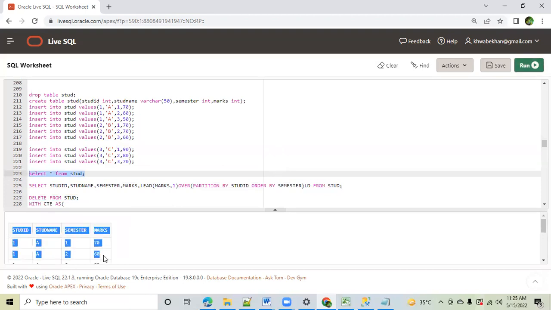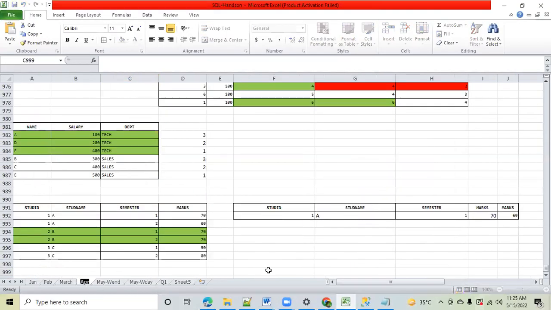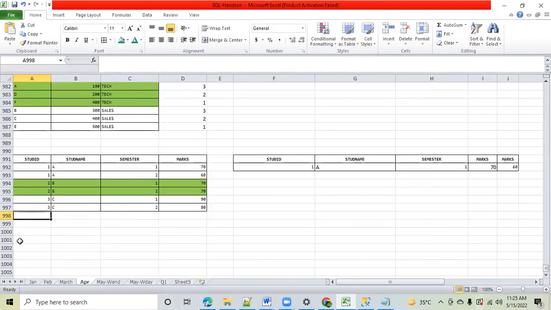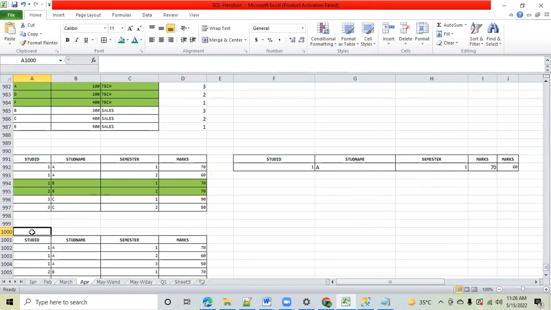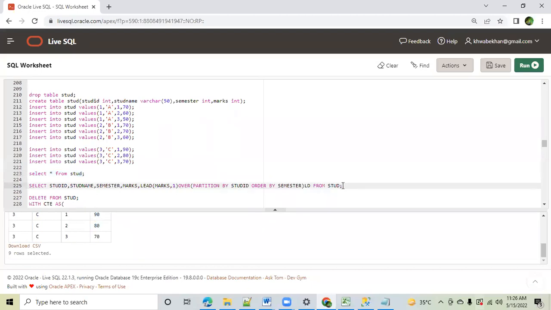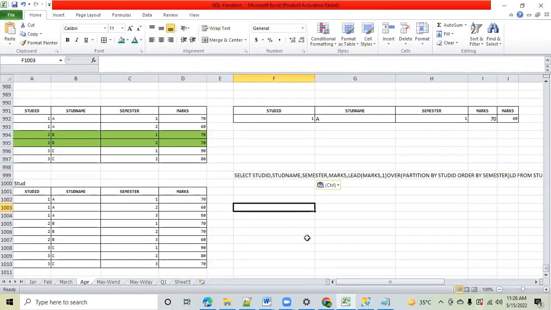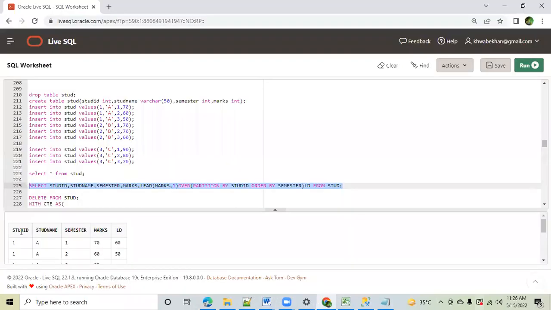Let me first show you the data in this table. This is your student table, and this is your original table. Now let me execute this query. This is your query, and this is the output.